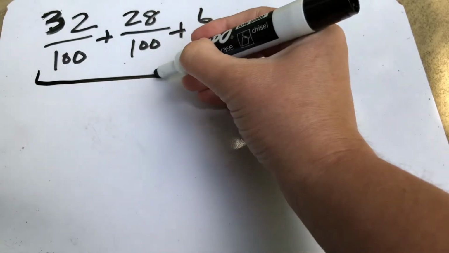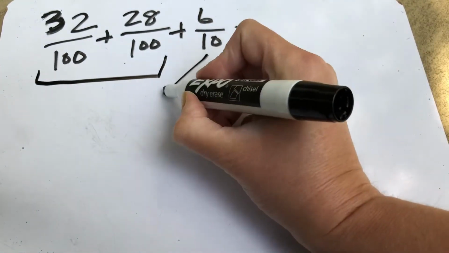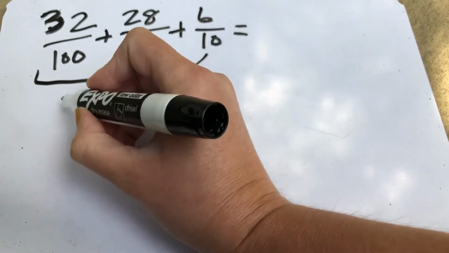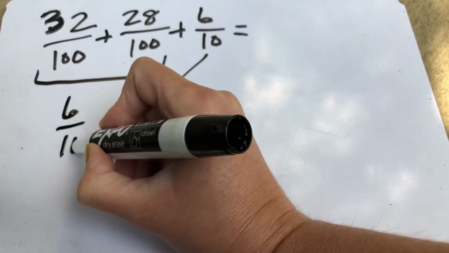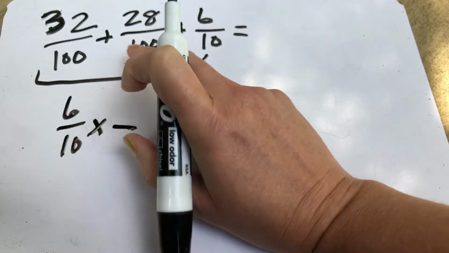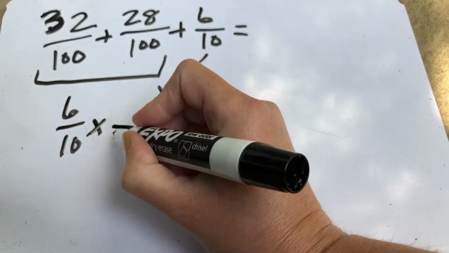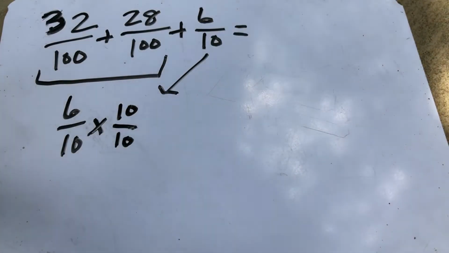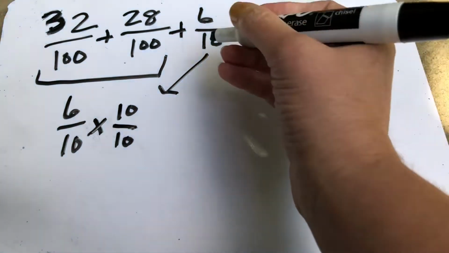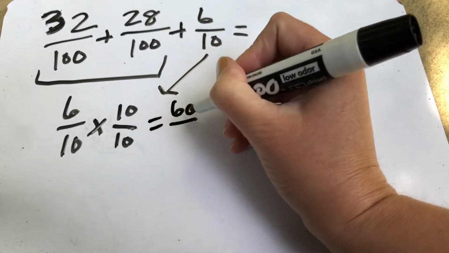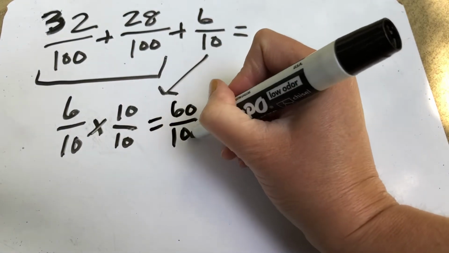So I'm just going to leave this here, and I'm going to go down here, and I'm going to say 6/10 times. And since I want to make this common denominator, I'm going to say times 10 over 10. And whatever you multiply your denominator by, you also have to multiply your numerator by. So 6 times 10 would be 60, and 10 times 10 would be 100.